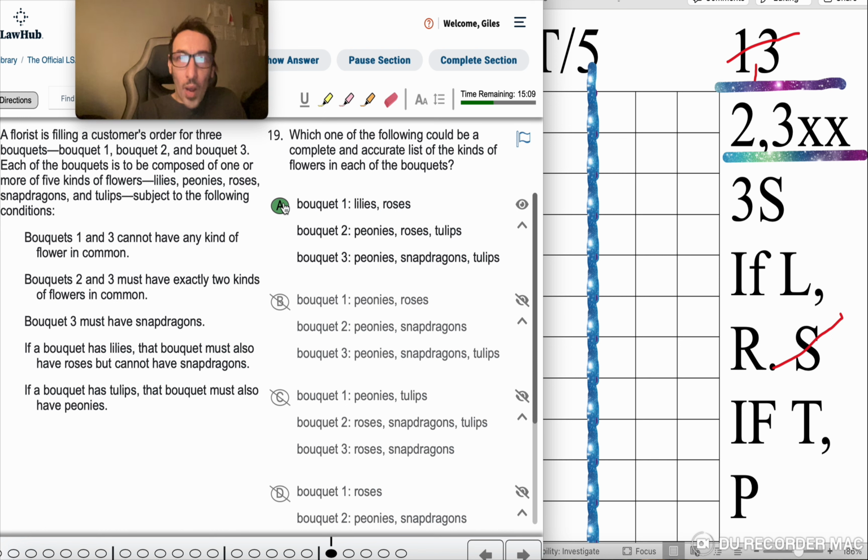Now, a way to verify this is a method known as rules, regulations, and conditions. All of these should apply to this one properly. 1 and 3 cannot be the same. Correct. 2 and 3 must have 2 in common. Correct. 3 is an S. Correct. If L, then R. Correct. If T, then P. Correct. So that was verified with the rules, regulations, and conditions.